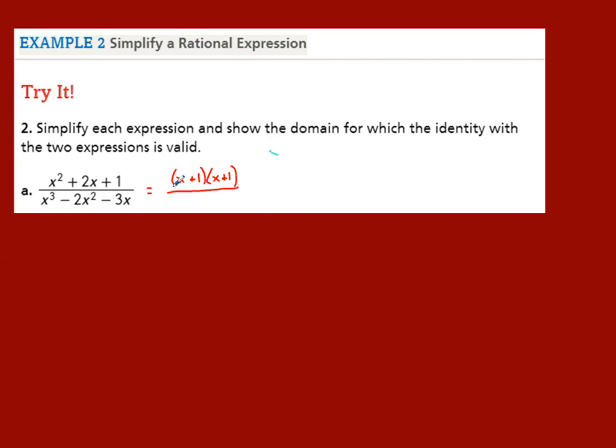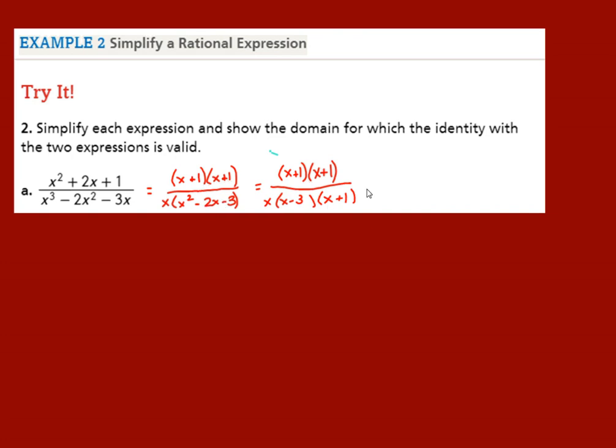The denominator, you can factor out an x, and you're left with x squared minus 2x minus 3. Now, I do believe that that denominator factors one more time. There's the numerator again. The denominator still has that x, but I think it's going to factor into x minus 3, x plus 1. That'll give me this binomial.